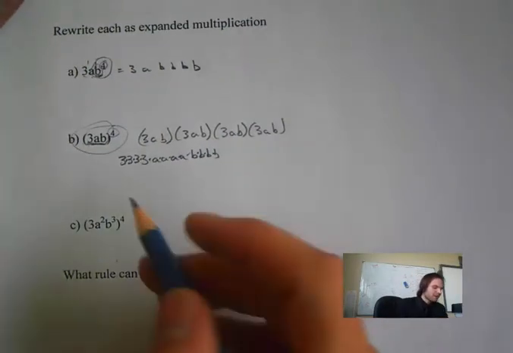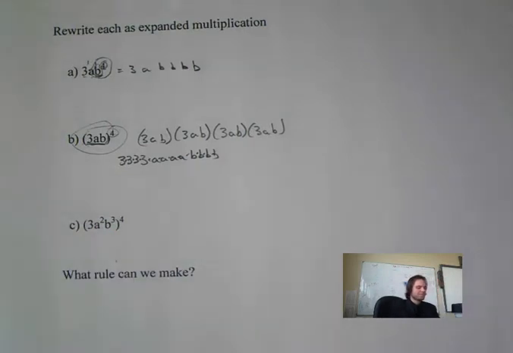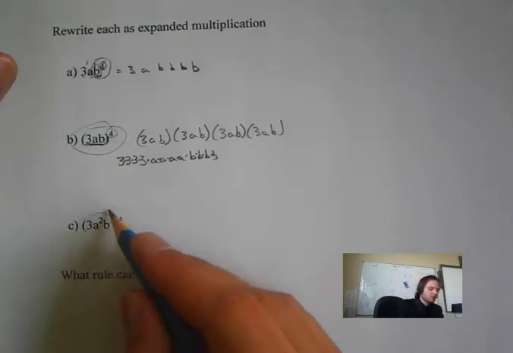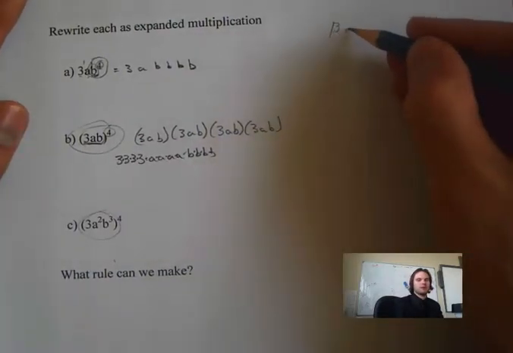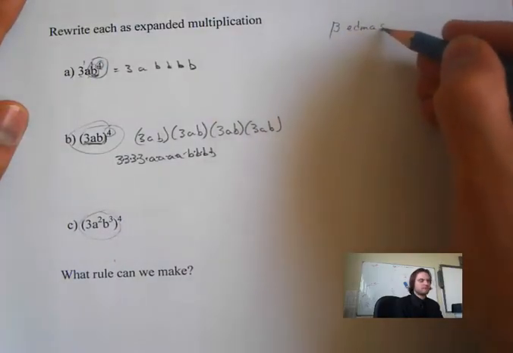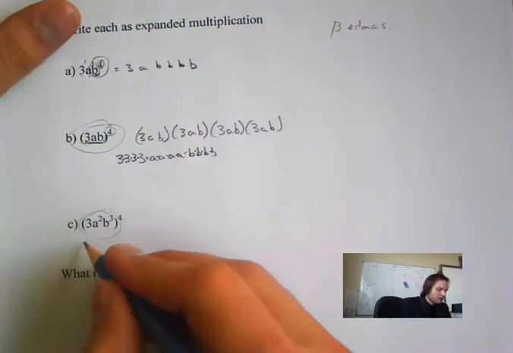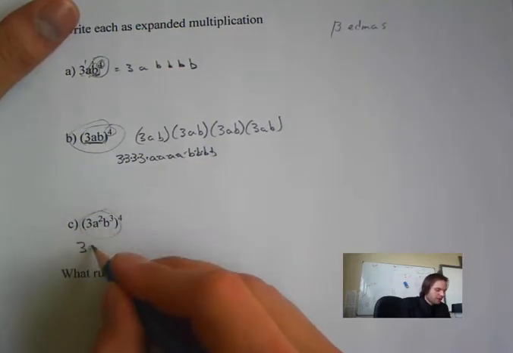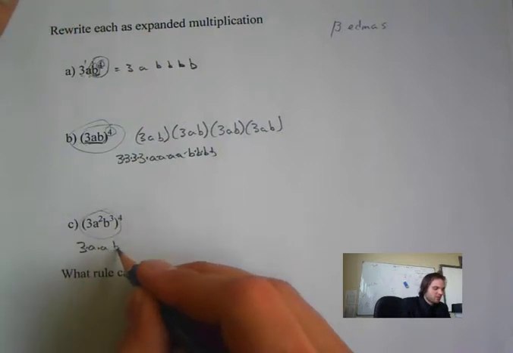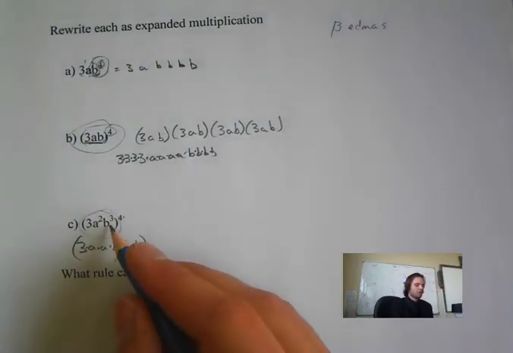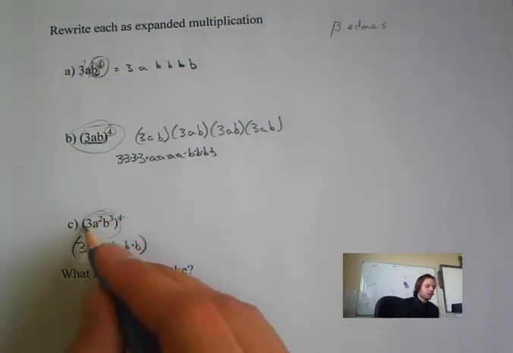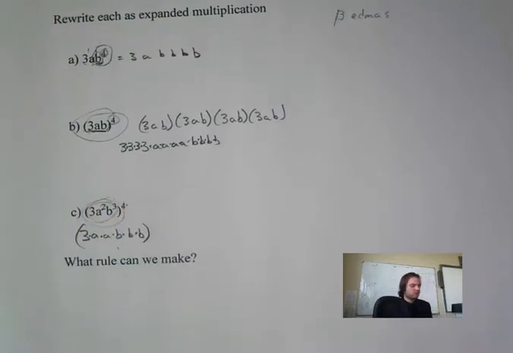Now, let's take a look at my next one here. Well, this is, first I'm going to expand what's in the brackets, because we're going to follow the good old trusted BEDMAS. Okay? So in my brackets, I have 3. Then I have A multiplied by A. Then I'm going to have B multiplied by B multiplied by B. Okay? And I want all of this to the power of 4. So I need 4 of this, because it's saying all of this has an exponent of 4.